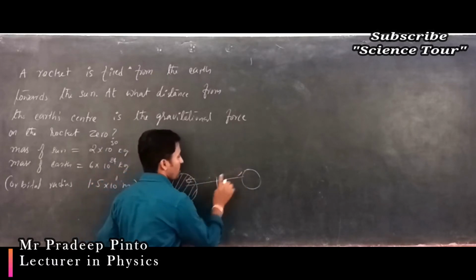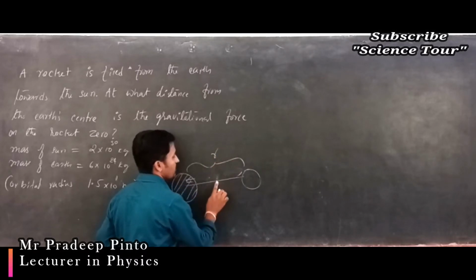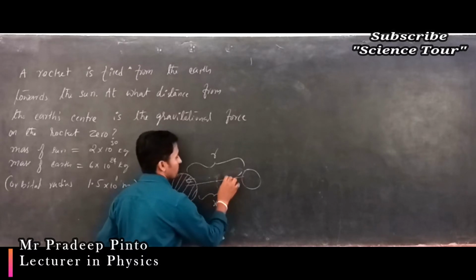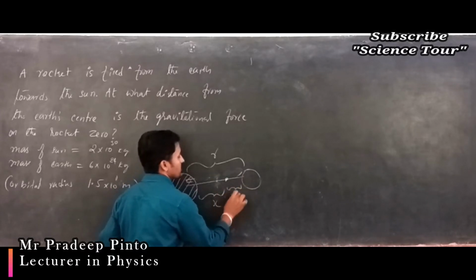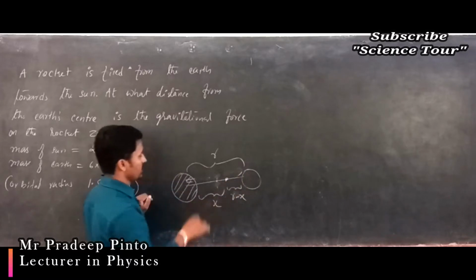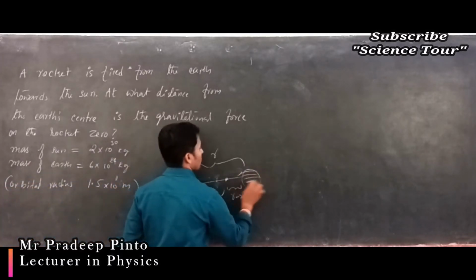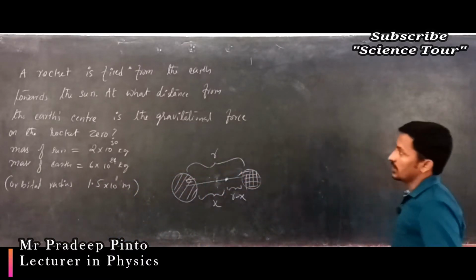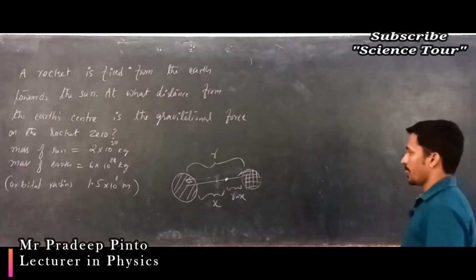So at a certain point, say the total distance is r, maybe nearer to the sun, the force is going to become 0. So this distance becomes r minus x. Total r, this is x, r minus x. We have to find out where the gravitational force on the rocket is 0.